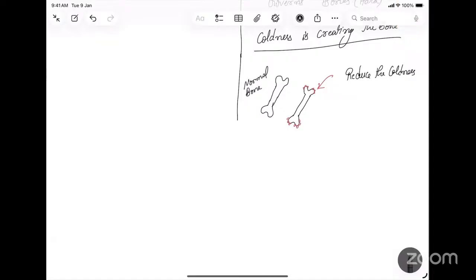Is there any protocol called kidney yang excess? No, sir. Kidney yang deficiency only. So there is no such thing as excess when it comes to yin or yang.